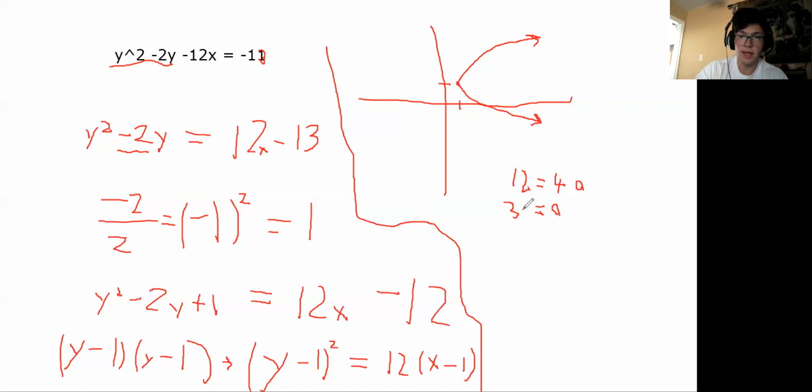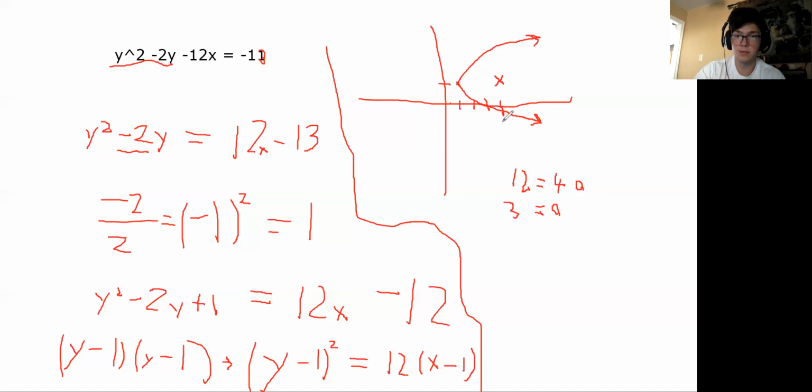And since it's opening up this way, we know, as Professor Gutler says, it hugs the focus. So we're going to go 3 away from the vertex to the right. 1, 2, 3. So the focus is about right here. Okay, so this is what this thing kind of looks like.